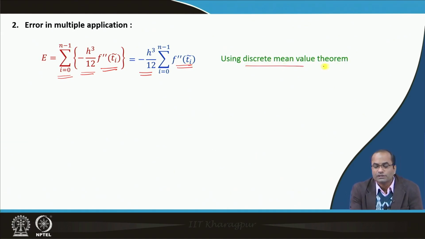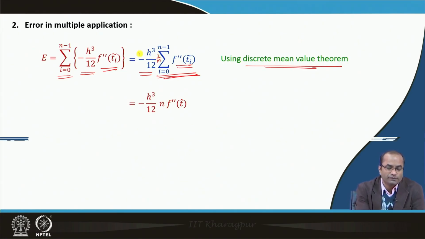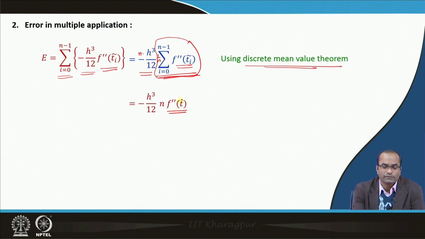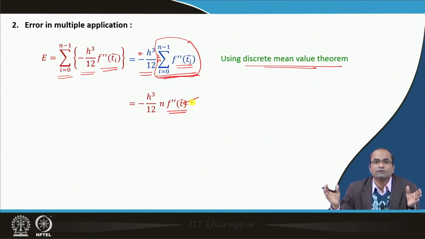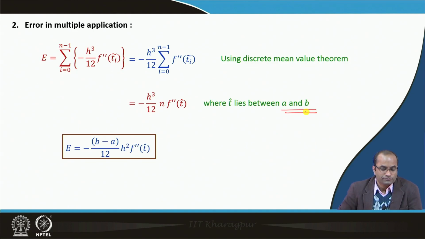And now, we will use the discrete mean value theorem, which was just discussed. So, that will say that the value of this sum here will be n times, because we can have 1 over n and then multiply by n there. So, this 1 over n and this sum will give us f double prime at t hat, where this t hat will be somewhere in the whole interval a and b.